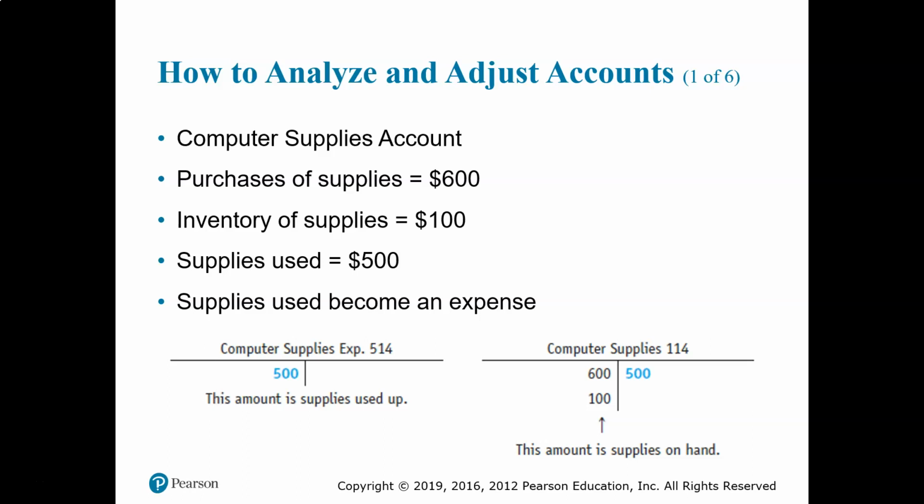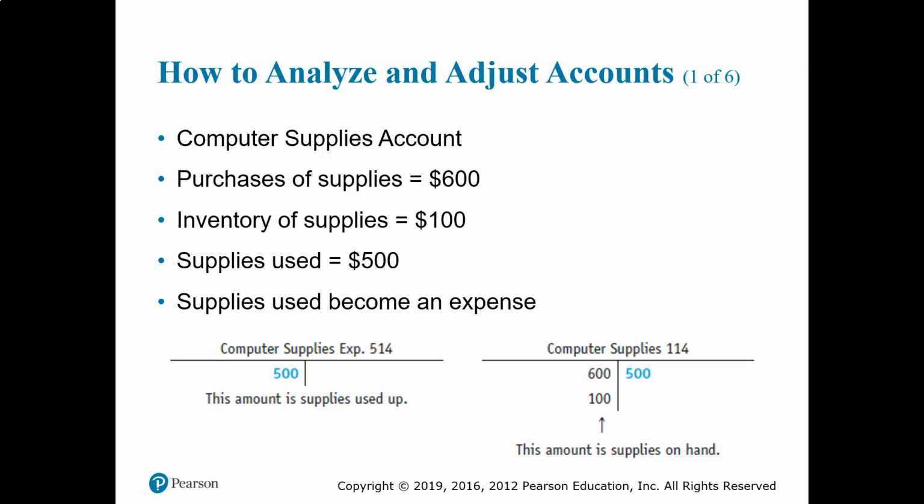Okay, so if at the beginning of our accounting period we purchased $600 of supplies, that will go on our balance sheet, right? And then at the end of the period, we see our inventory of supplies is only $100 because we've used up $500 worth of supplies. So now it's no longer an asset.